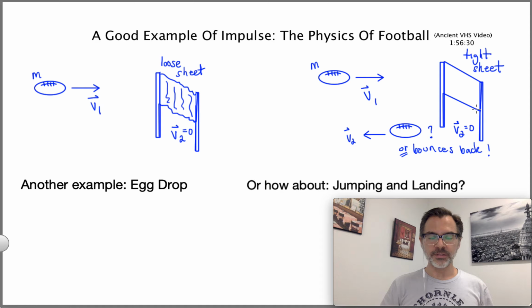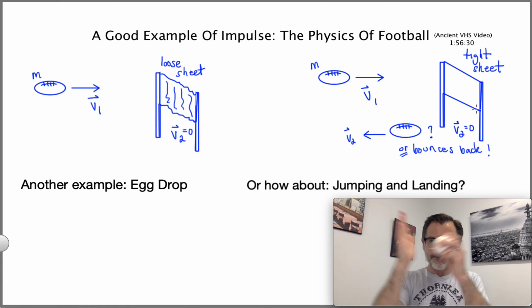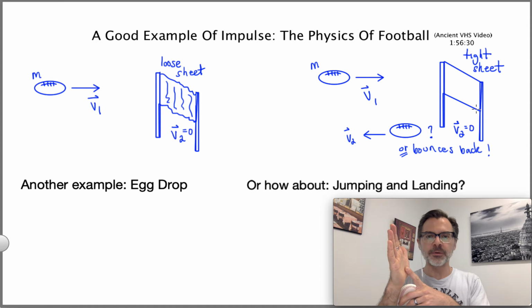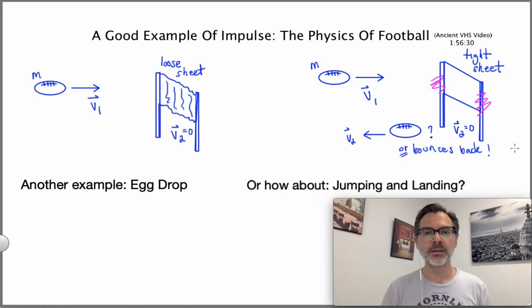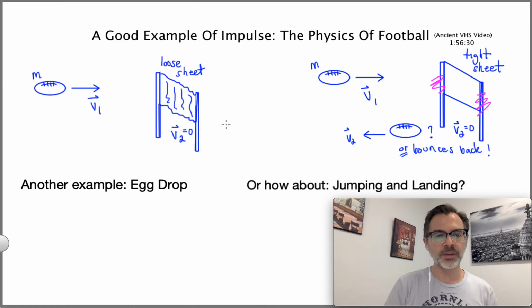So whatever it does, that's going to really exert a strong force on that sheet and the two wooden supports that are holding it up. And in the video, what happens is these wooden posts actually break, and that's meant to show that there's a lot of force.